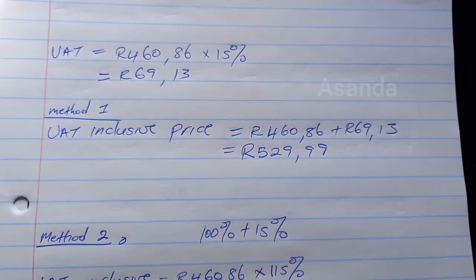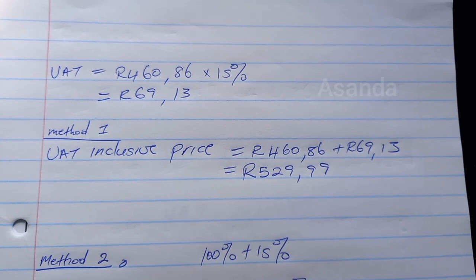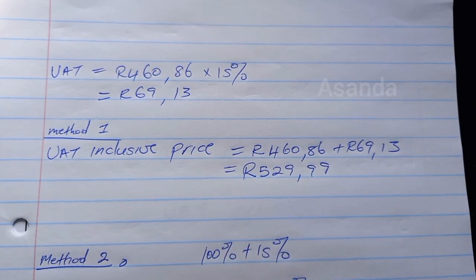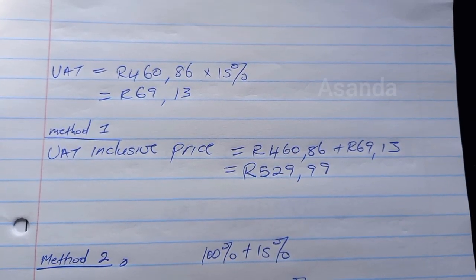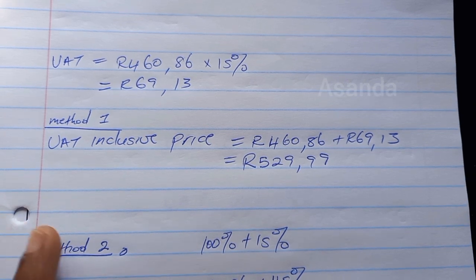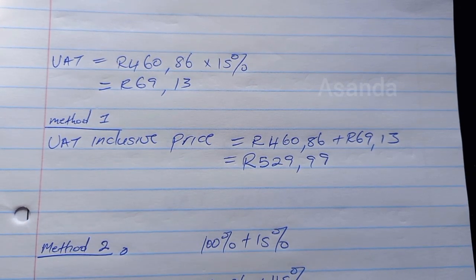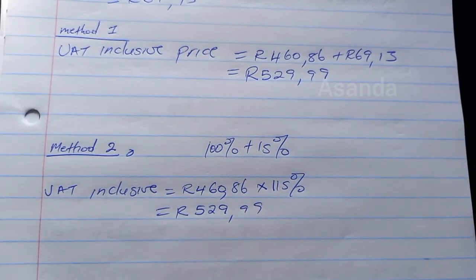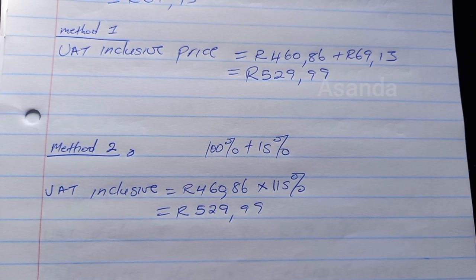Okay, so what we did here is we calculated VAT by saying 460 rand and 86 cents multiplied by 15%. And then we got VAT. So we are able to do the first method where you just take the VAT exclusive price and then you add VAT and then you get the VAT inclusive price. Done, right? Okay, so the second method is where you add the percentages and then you multiply by 115%, you get the VAT inclusive price.